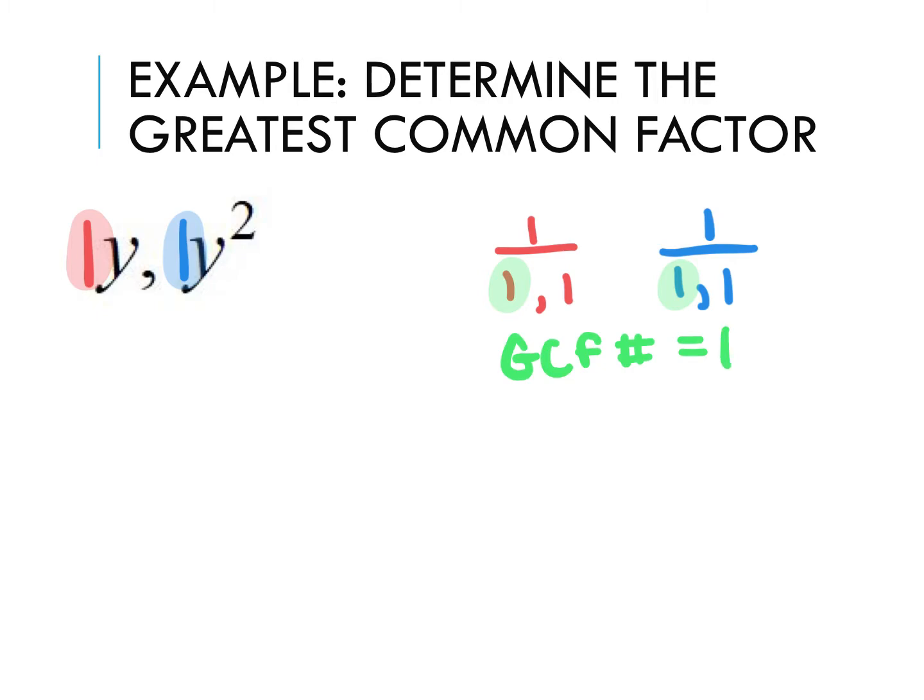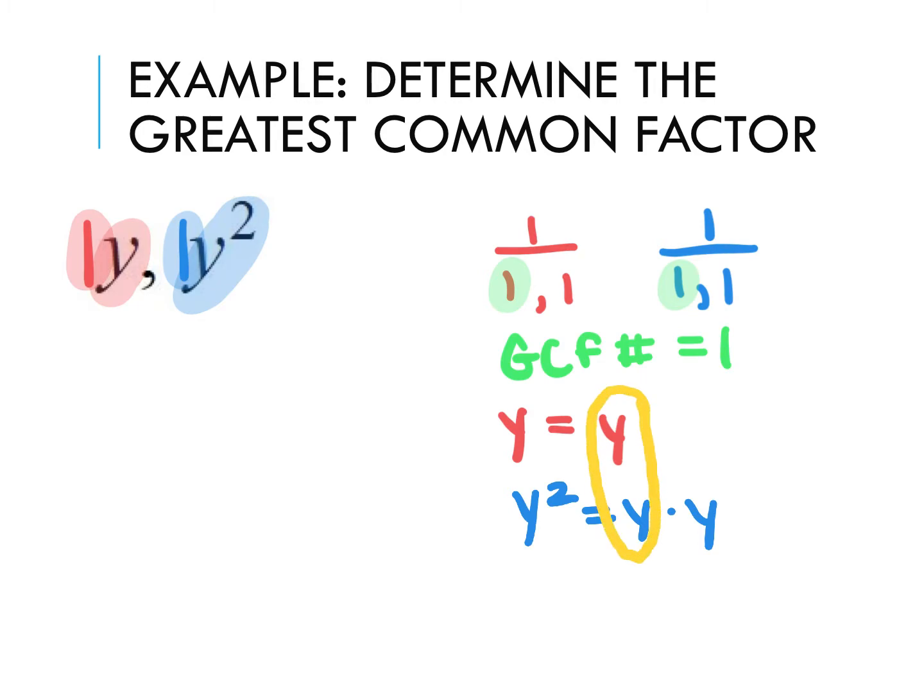Now for the variables part, we first have this y, which we know is really just a single y. We also have a y squared, and when we have y squared, it's really y times y. What we can see here is that there is one y in common with both. So the GCF of the variables is y.